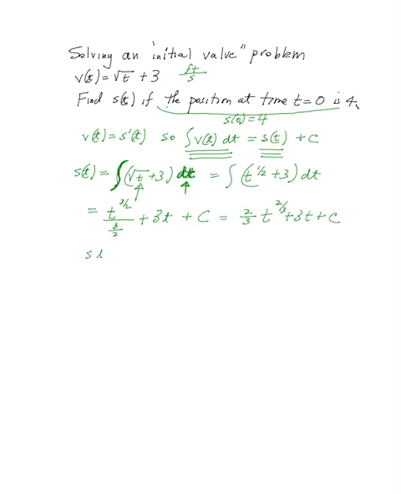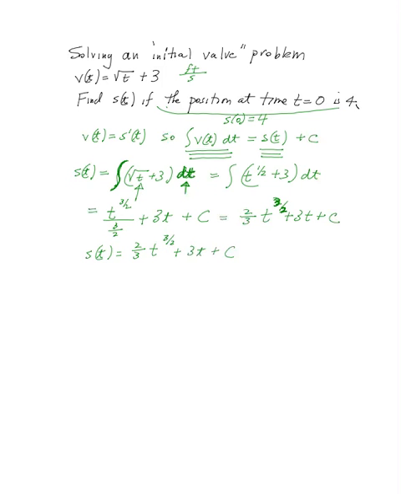So I get s of t is 2/3 t to the 3/2. I wrote this wrong, didn't I? This is a 3/2 exponent. 2/3 t to the 3/2 plus 3t plus a constant.